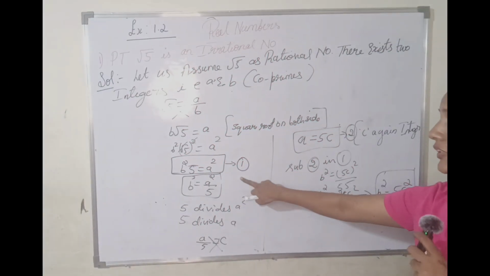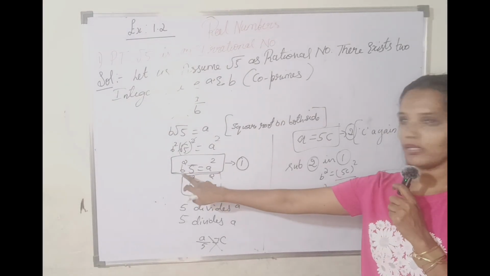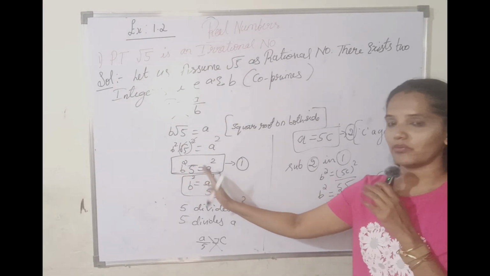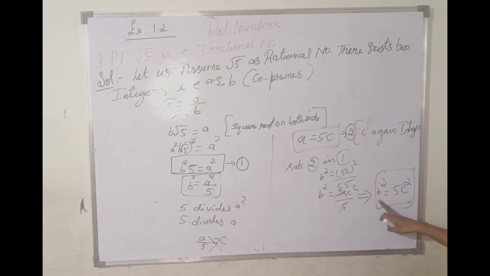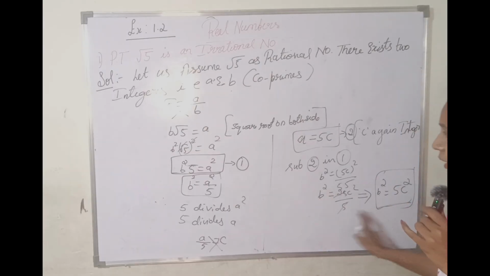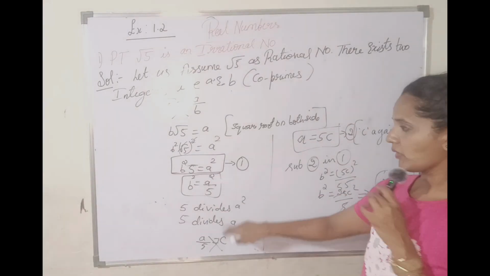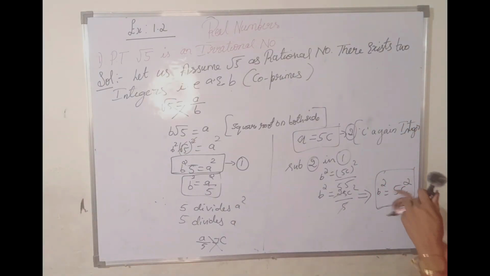So if you see, equation 1 is a square is equal to 5b square, or b square by 5, you can write it any way you want. Equation 2 is b square is equal to 5c square. From equation 1 as well as equation 2, you notice that they have the factor 5.